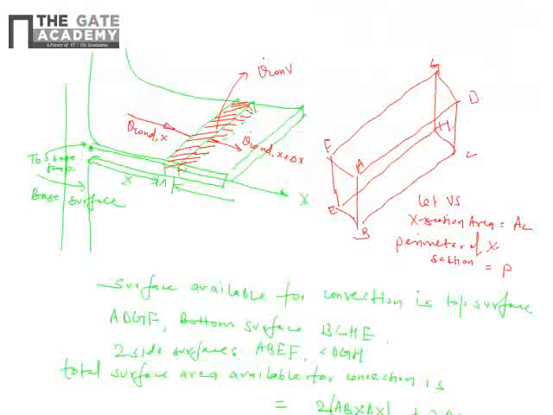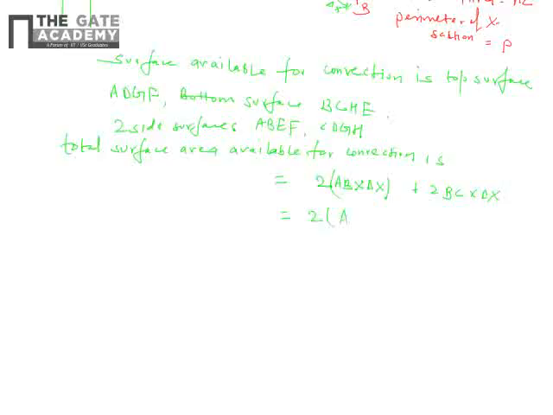Delta x is the thickness of this volume element, and we can write this as (AB plus BC) into delta x. And if you see properly, this is nothing but the perimeter of the cross sectional area, P, into delta x.